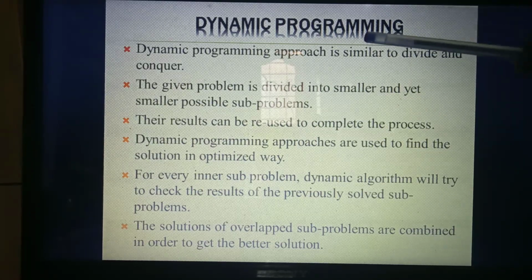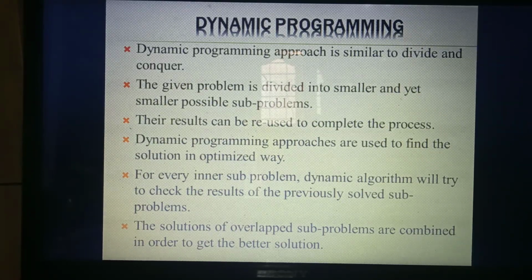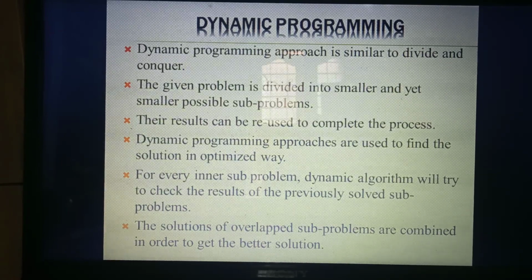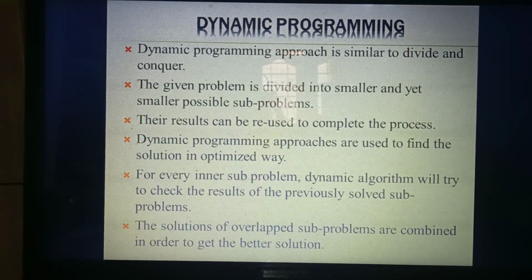This dynamic approach is also similar to which one? Divide and conquer method. Understand? So what is the meaning of this? Divide and conquer means, for example, they have given you one problem or one project. You split or divide that particular problem into small sub-problems. I gave the same example for your modules.